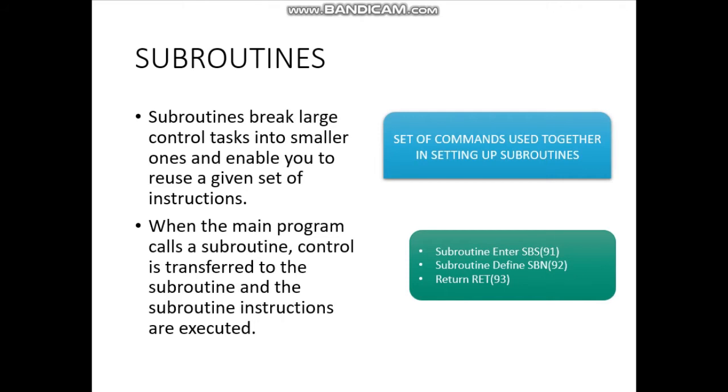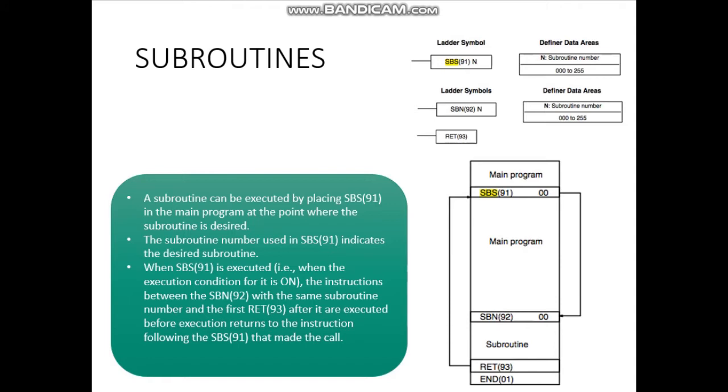In PLC, you have 3 different instructions that you use together for execution of subroutines: subroutine enter, defined by SBS, subroutine define, SBN, and return, RET. When the main program calls a subroutine, the control is transferred to the subroutine and the subroutine instructions are executed. A subroutine can be executed by placing the SBS with the subroutine number in the main program at the point where the subroutine is desired.